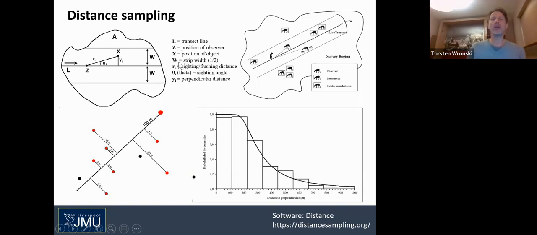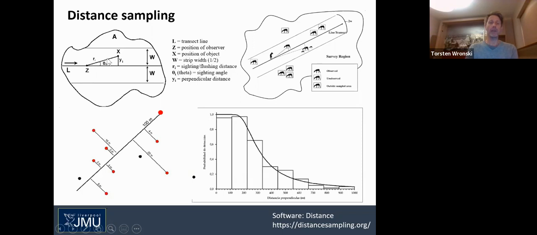So the software requires a number of parameters, such as the transect line L, this is this line here, and the position of the observer Z. We also need to have a clue or establish the position of the individual, the animal, which is counted here, X. And we need the sighting or flushing distance, which is R. Usually an animal is counted well before the point of perpendicular distance to the sighting.